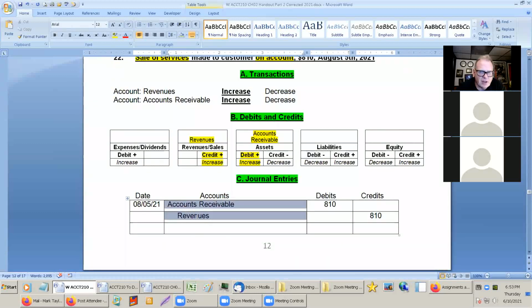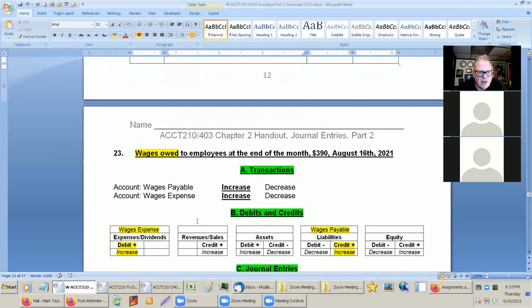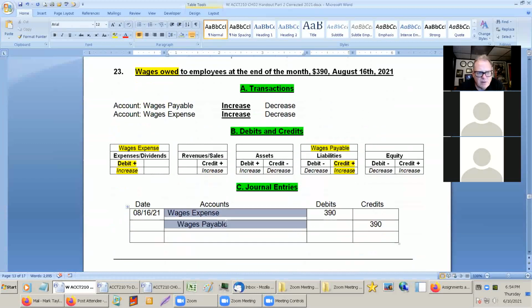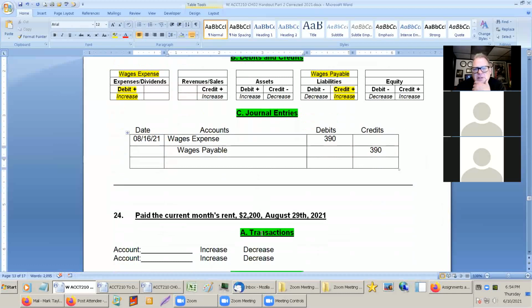Revenues and assets go together, either accounts receivable or cash. A lot of times the assets go with revenues, and expenses go with liabilities. A lot of times they're related. You can pay expenses with cash too, but a lot of times it'll be accounts payable.